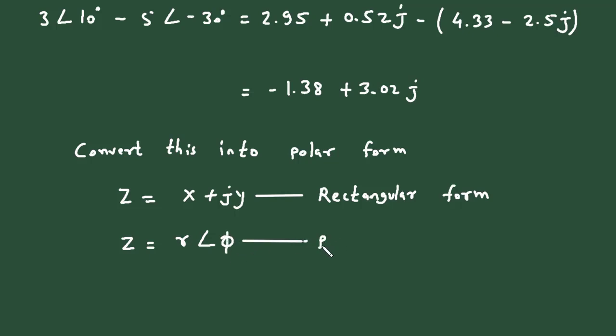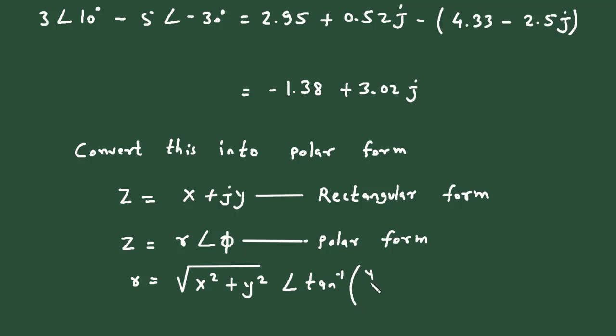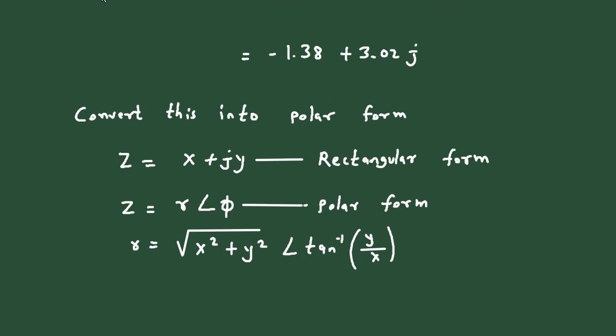This is called polar form. So here this is in rectangular form, we have to convert it into polar form. That means we need the value of r. So r is equal to under root of x square plus y square, at an angle phi value is tan inverse of y by x. So we have to solve this. Let's copy this from here.